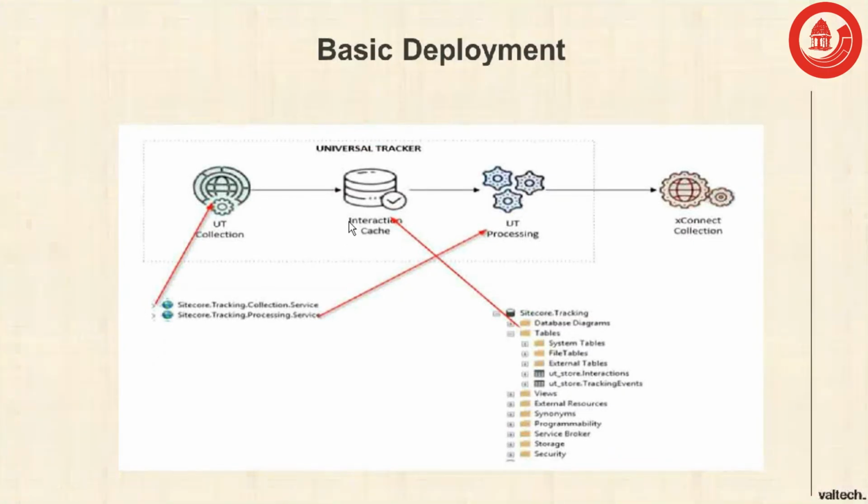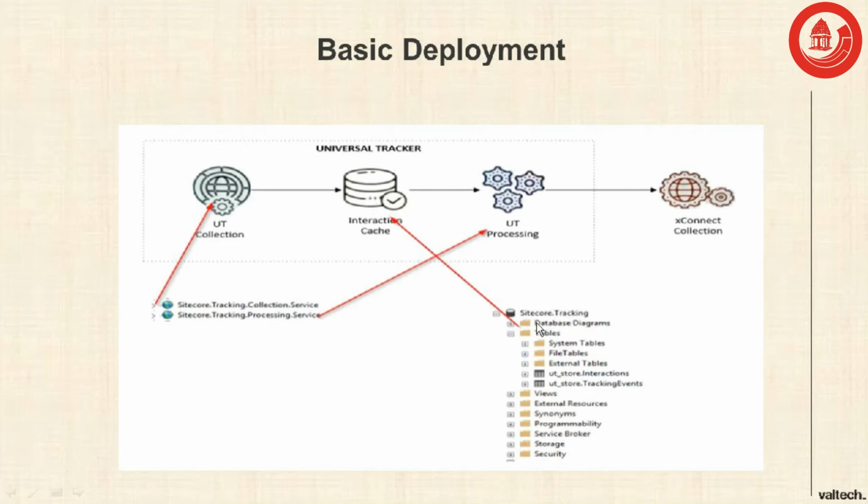So this is the basic deployment structure of Universal Tracker. Here you can see we have configured 2 DBs, one for Universal Tracker, and 2 services, one for collection service, another for processing service. The collection service is configured in IIS here, and the processing service is also configured in IIS.